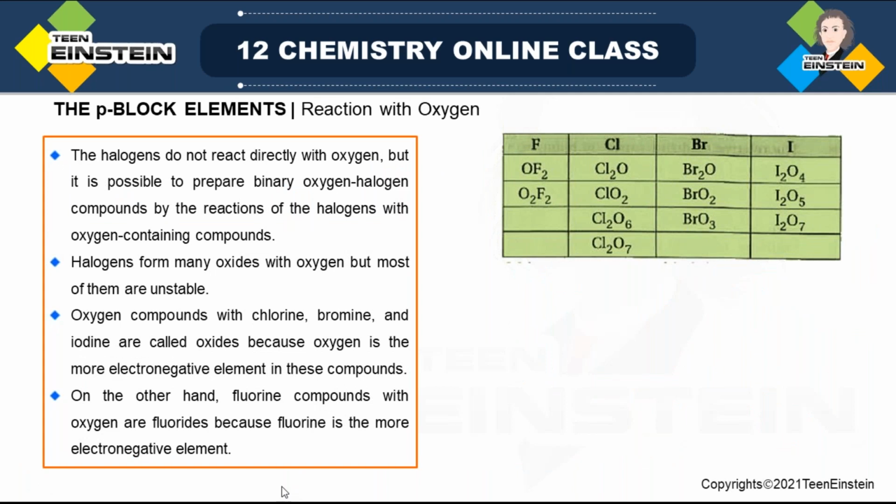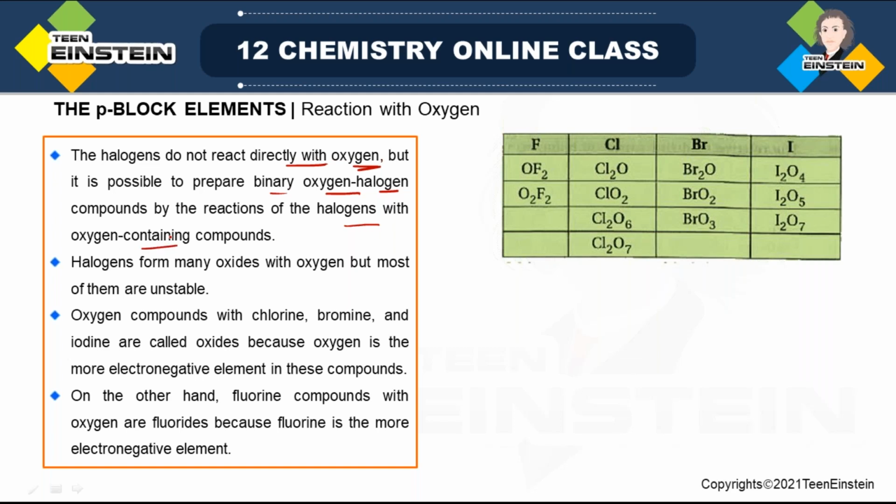Reaction with oxygen. Halogens do not react directly with oxygen. Fine. But we can make binary oxygen-halogen compounds. Binary means a compound of two elements, oxygen and halogen, made by reacting halogens with some oxygen-containing compounds.